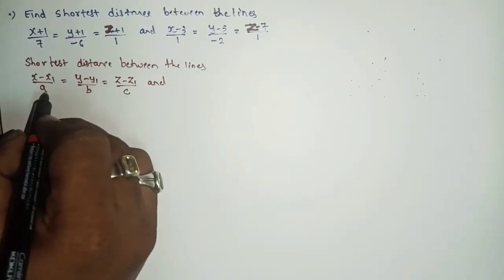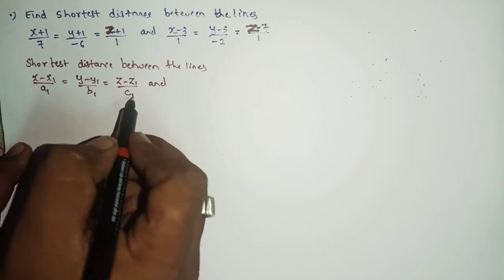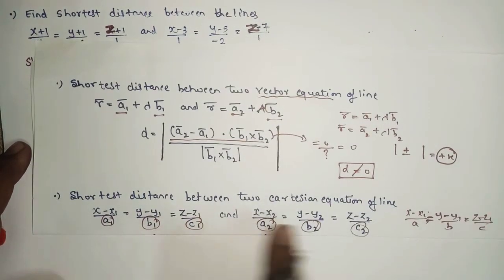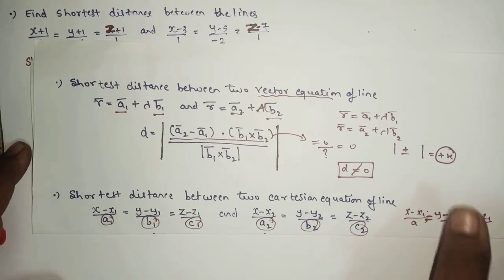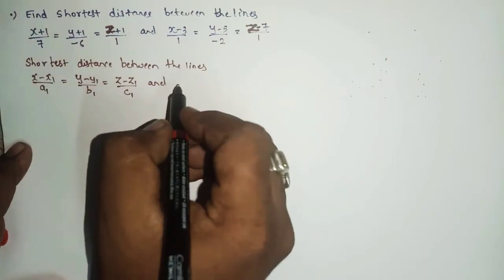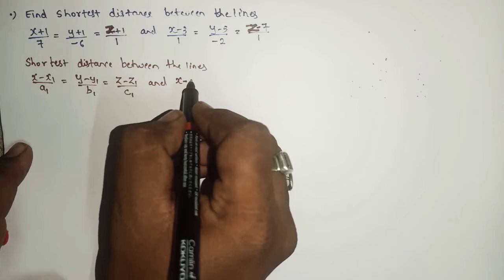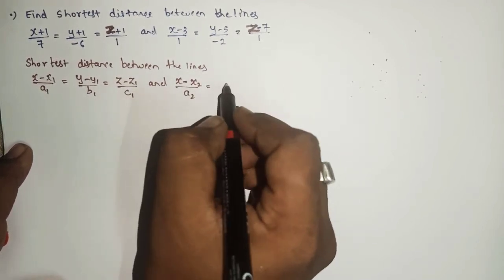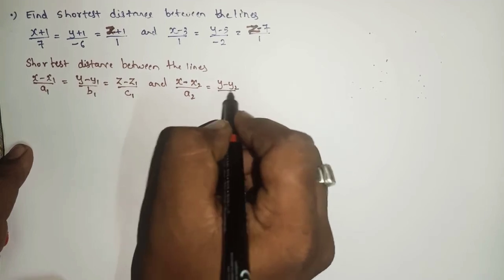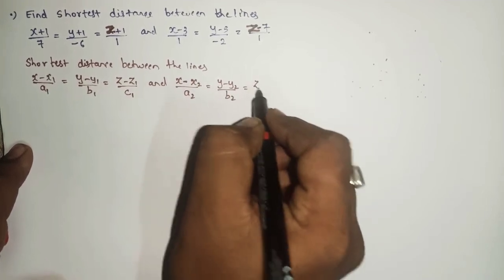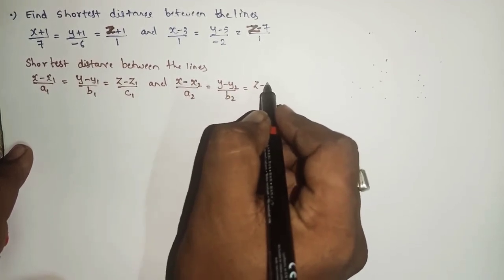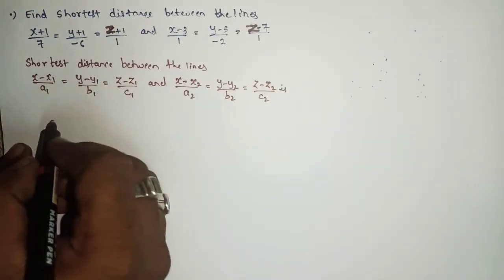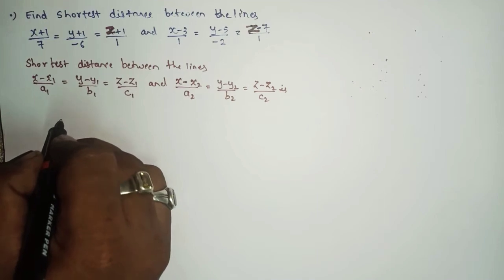In place of a, b, c we'll write a1, b1, c1, because we have two Cartesian equations, so a1, b1, c1 and a2, b2, c2. The second equation will be (x minus x2) upon a2, (y minus y2) upon b2, and (z minus z2) upon c2.